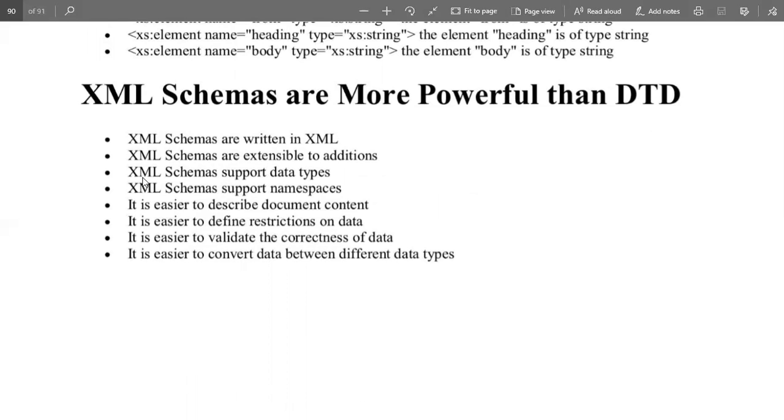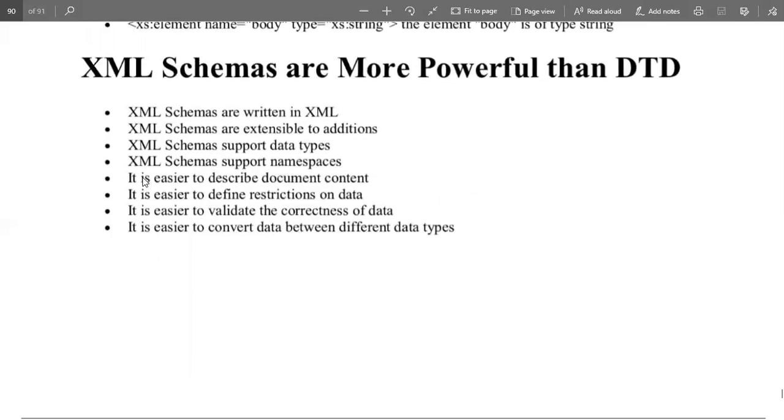Next, it is easier to describe the document content because with the help of comments we can add that. It is easier to redefine the restrictions on the data. That means the privileges are mentioned in the document itself. It is also easy to validate the correctness of the data, and converting from one data type to another is also done easily with the help of schema in comparison to DTD.